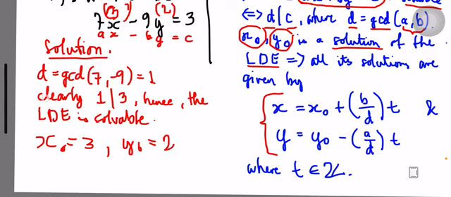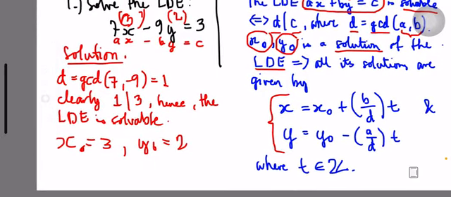To get the general formula of x, we need x sub 0 plus b over d times t. Whatever t is. Some books like to call it k instead of t. So what is the general formula for x? x is going to be equal to the particular solution that we got, which is 3, plus b over d.